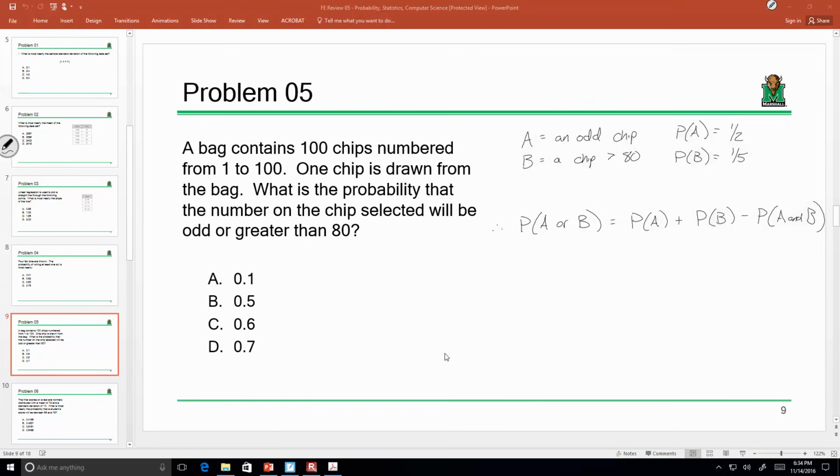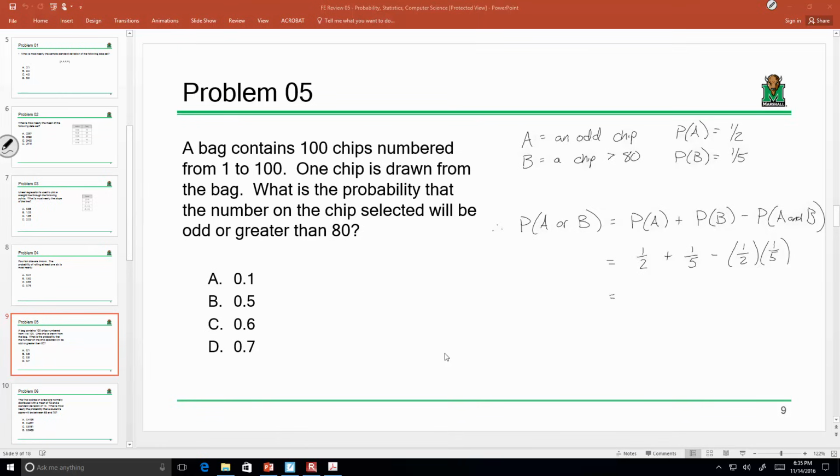Now, how do you calculate this out? Pretty simple. 1/2 plus 1/5 minus 1/2 times 1/5. We'll talk about that times in a second because this is a great example for that.